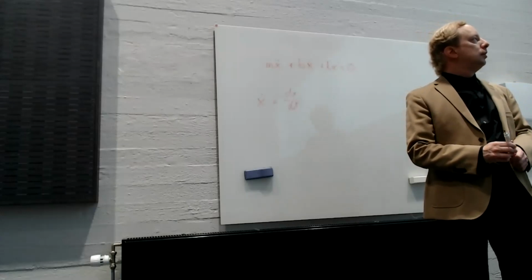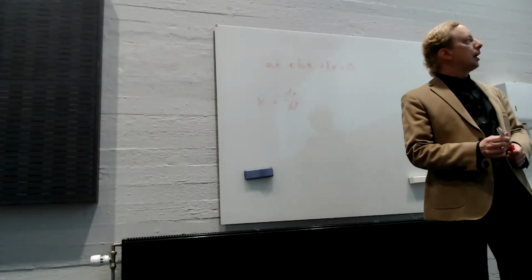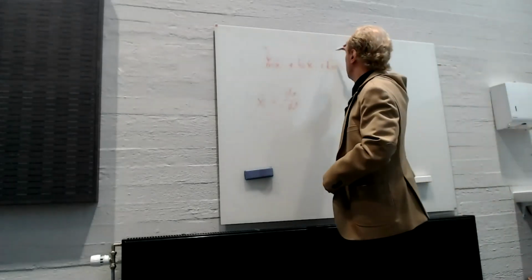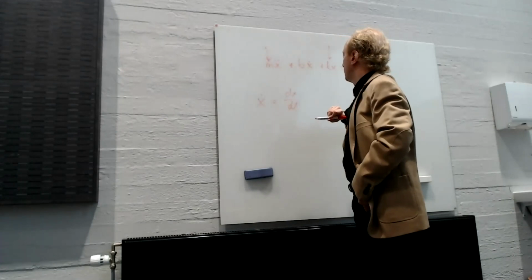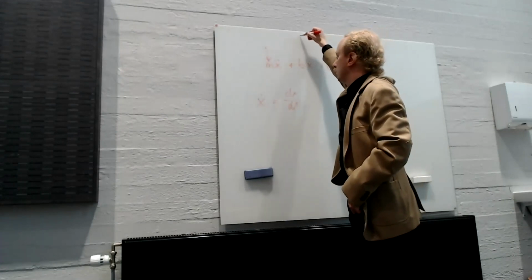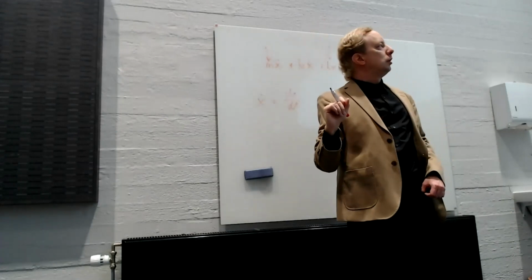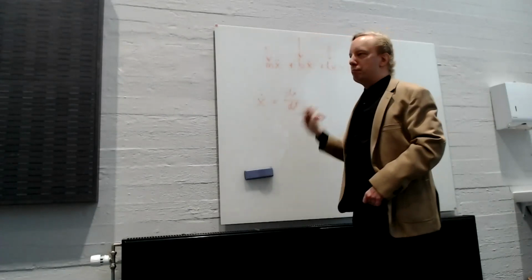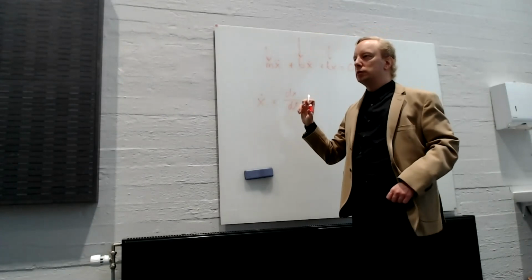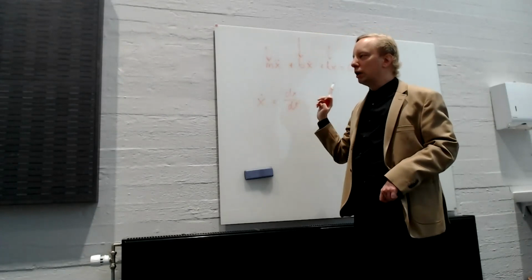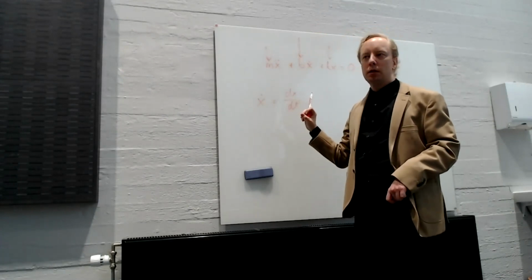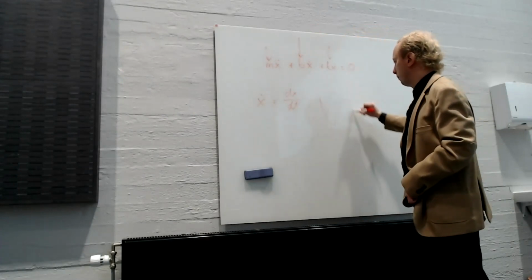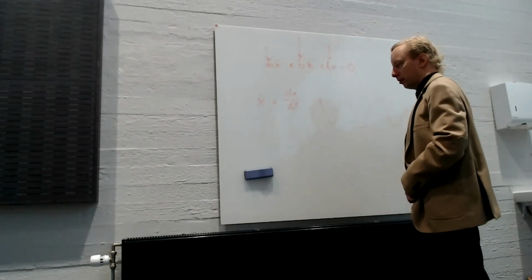Now we know the mass and the spring constant, so we know what this m is and what this k is. Your task here is to find out what b should be for a so-called critically damped system. If there's no damping, it will oscillate forever.